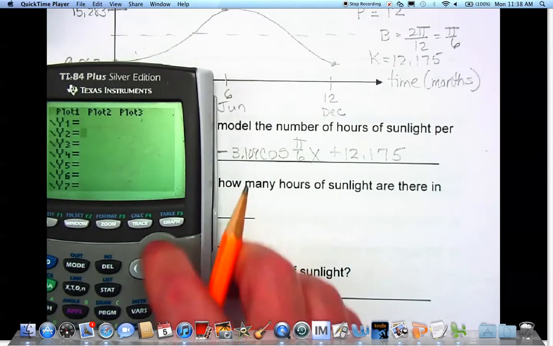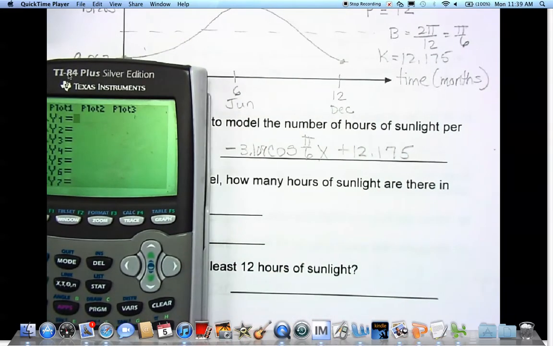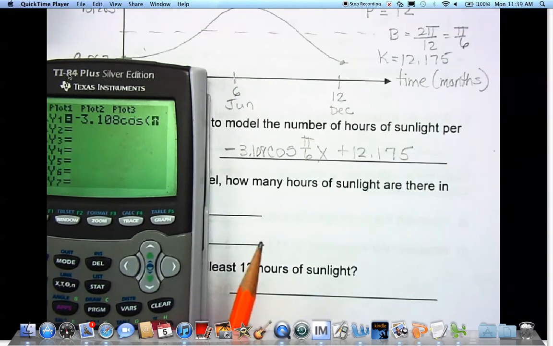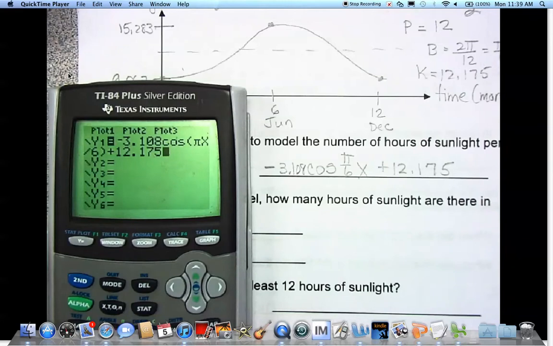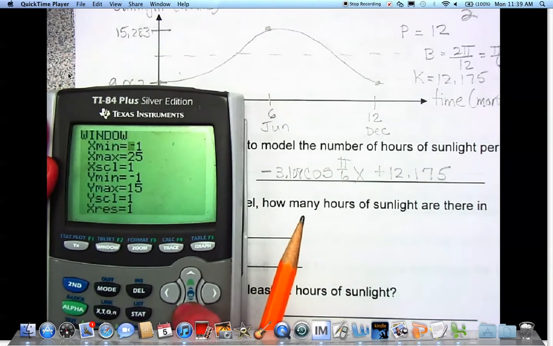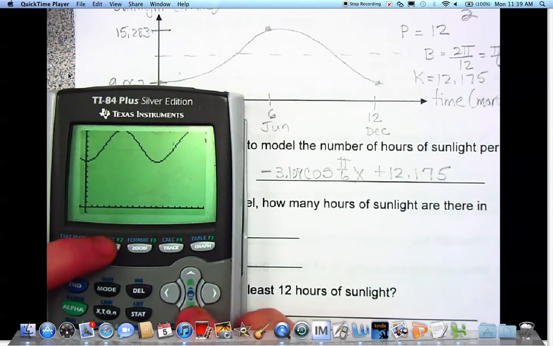Since it doesn't have a horizontal shift, we can put the x up there with the pi, divided by 6, in parentheses. I have to change my window. Trace.